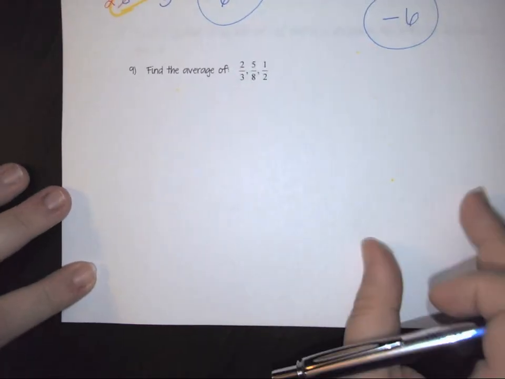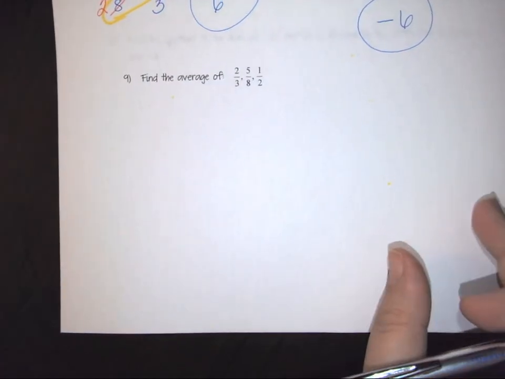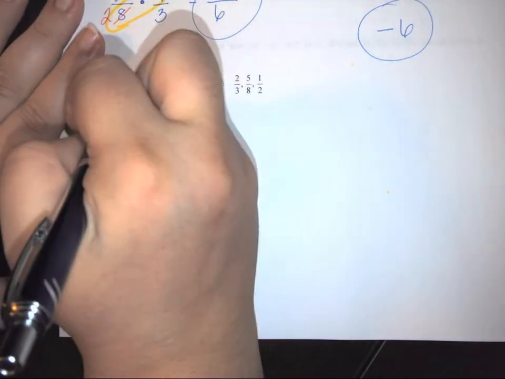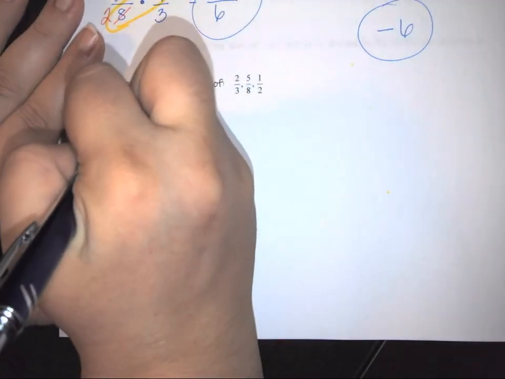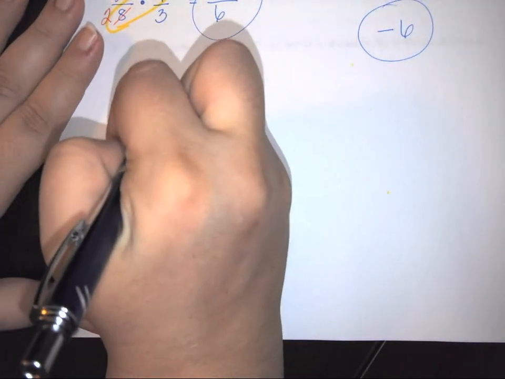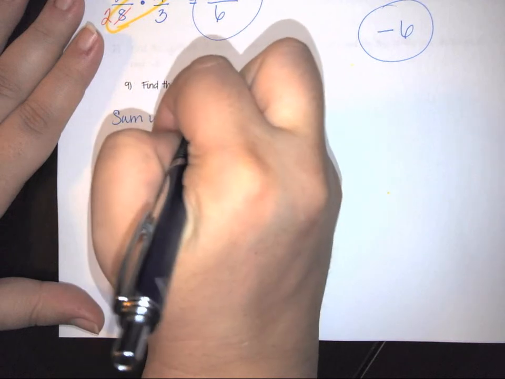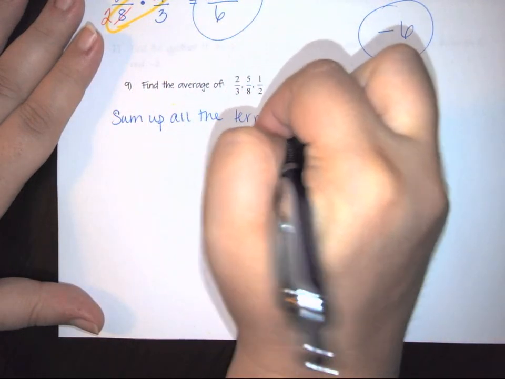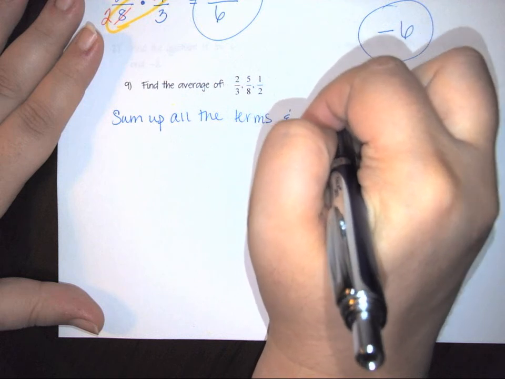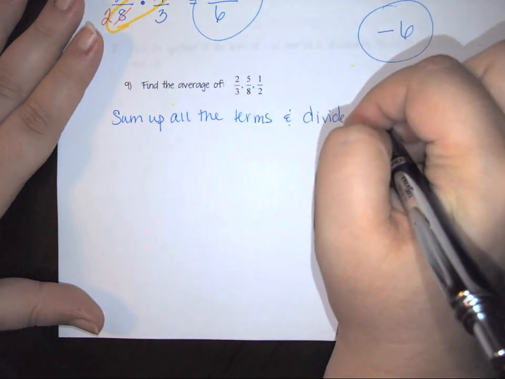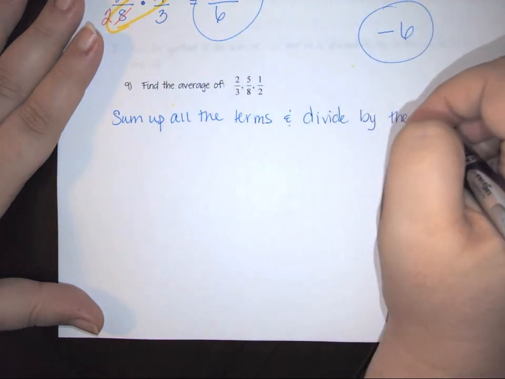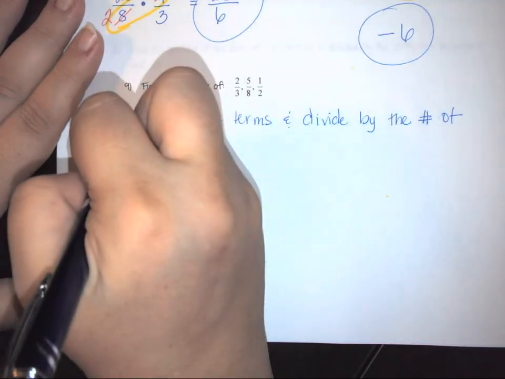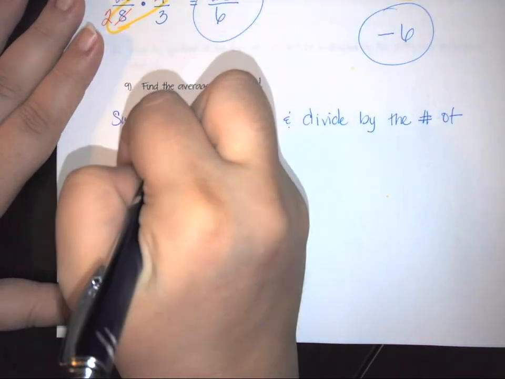Now another way that we can approach this is through what's called find the average. The average says you are going to sum up all the terms and then divide by the number of terms added.